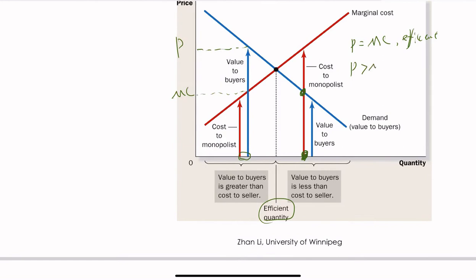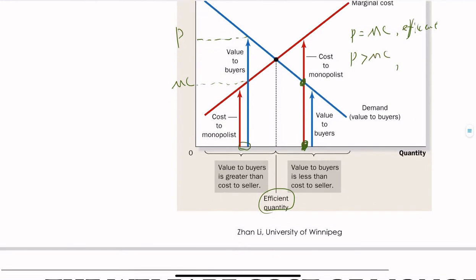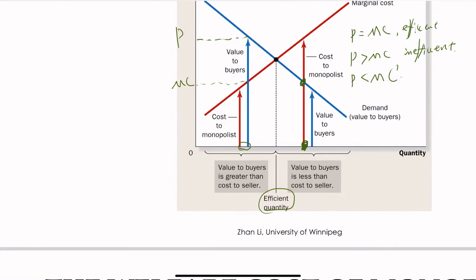And we know that if price is larger than the marginal cost, then the market outcome is inefficient. Similarly, if price is smaller than the marginal cost, at this point we get the price, and then we have the marginal cost, so the market outcome is still inefficient. So to put it simply, the market is efficient if and only if price equals marginal cost.